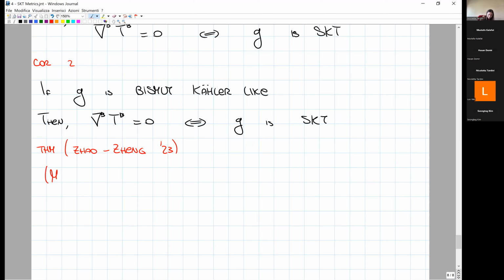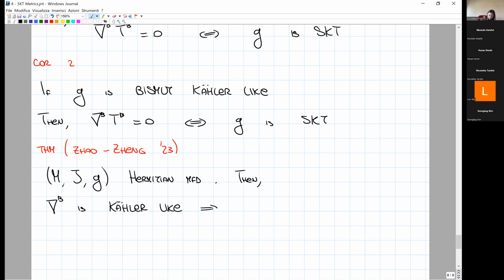So if you have (M, J, G) a Hermitian manifold, not necessarily compact, then nabla B is Kähler-like if and only if the torsion of the Bismut connection is parallel with respect to the Bismut connection, and plus the metric is SKT. So in fact, they gave a characterization.